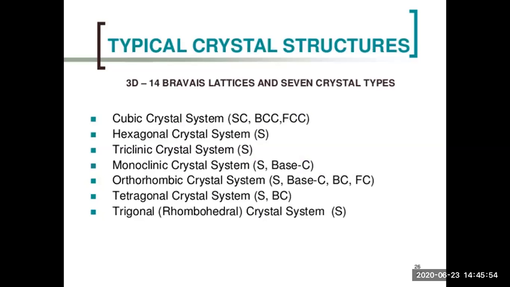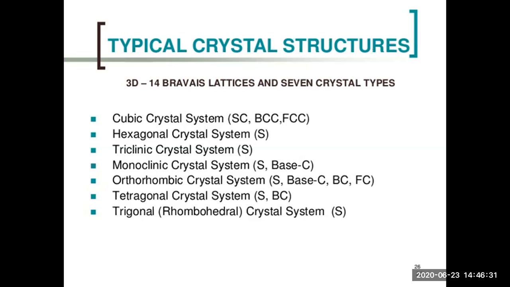Next is typical crystal structures: 3D, 14 Bravais lattices and crystal types: cubic crystal system, hexagonal crystal system, triclinic crystal system, monoclinic crystal system, orthorhombic crystal system, tetragonal crystal system, and trigonal rhombohedral crystal system. So this is all about what I was talking about, that whenever you are changing the angles, you are getting these shapes.